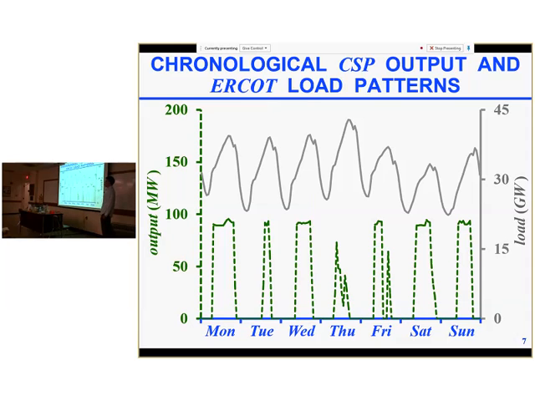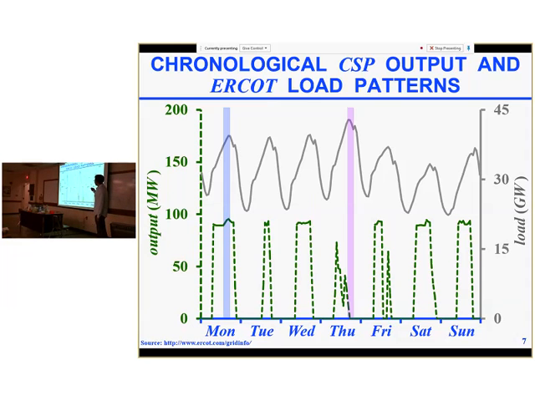But more importantly, we care about how much we can generate every day and how much we should supply the demand. For example, on Monday afternoon, the CSP almost works at full capacity while the load is very high. But on Thursday afternoon, the CSP's output is almost zero when the load is at its peak.